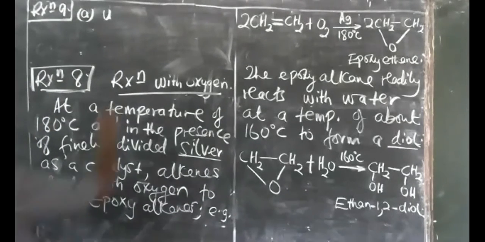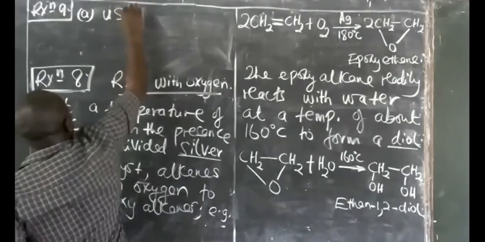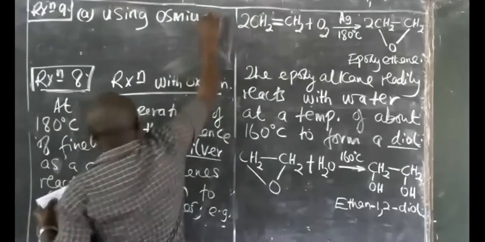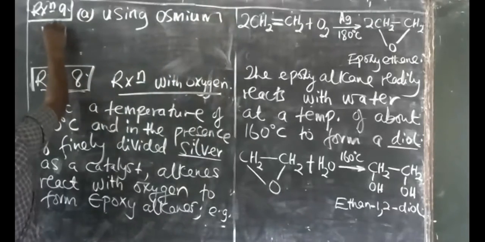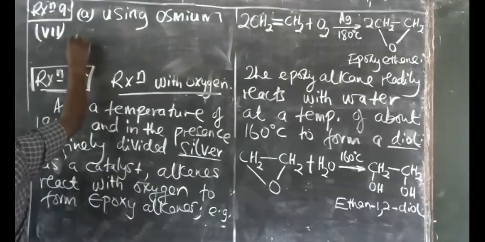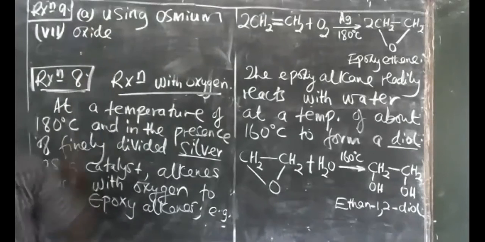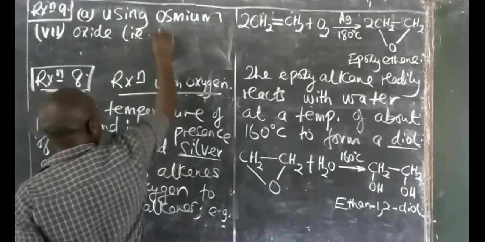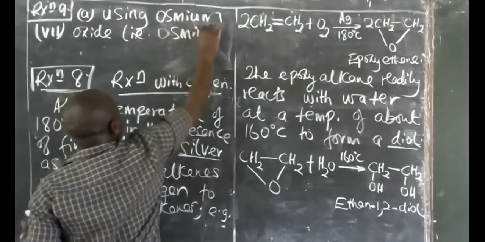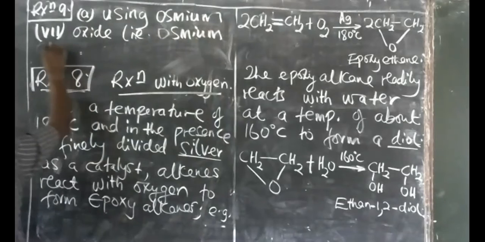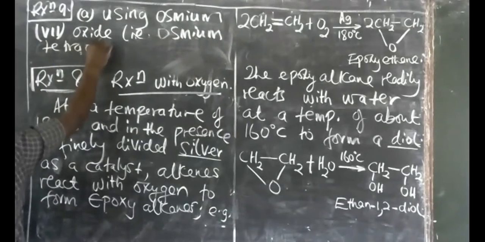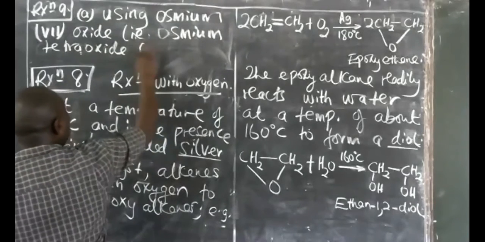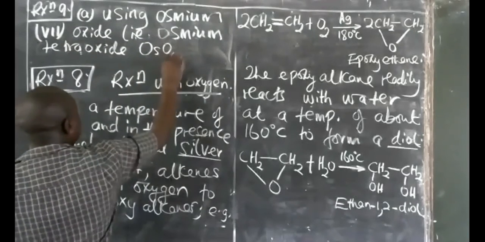So using osmium 7 oxide, that is, osmium tetra oxide, which is OsO4.